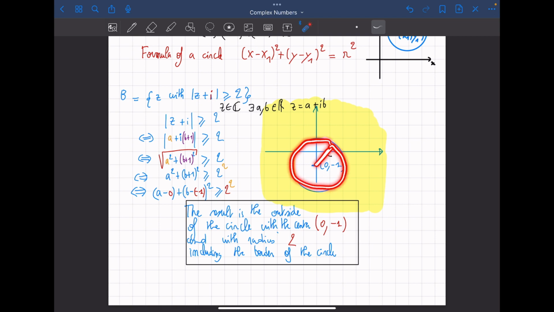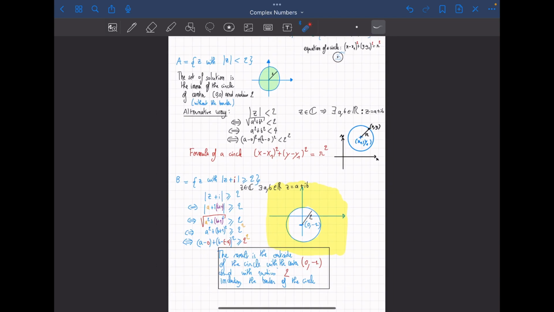And the circle. So to compare, here we have the inside of the circle, because it was said inferior to 2, but not the border, because it's strictly inferior. Here it's not strict, we have also the equal, so we also have the border of the circle, and since it's superior, then we have all of the outer part.